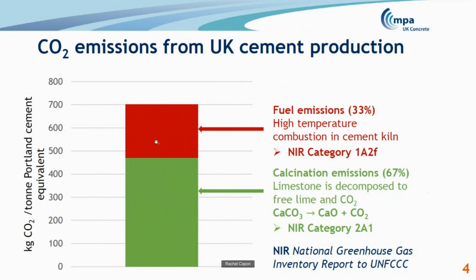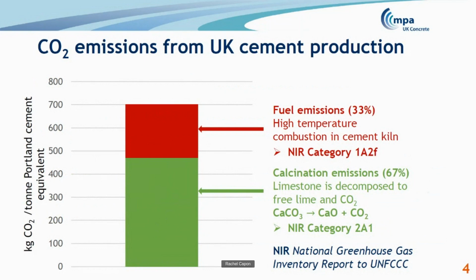That is about a third of the CO2 footprint from cement production, and that is reported in the National Greenhouse Gas Inventory Report. It's reported in the category 1A2F. Okay, I also showed you how the limestone is decomposed into calcium oxide and CO2.